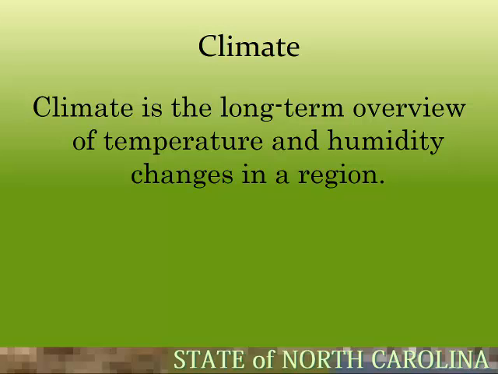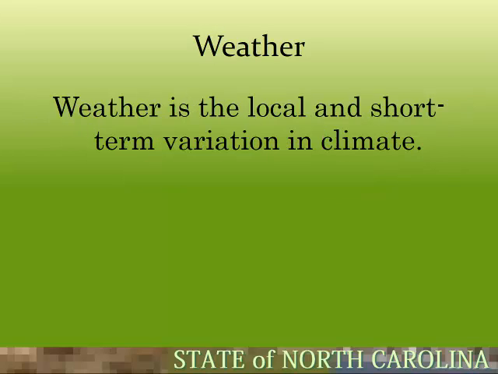We have a particular climate here in the southeast, and here in the Piedmont of North Carolina. Even our climate here in the Triad is different than the climate at the beach. So not that far off, but it is still a different region. Weather is the local and short-term variation in climatic conditions.